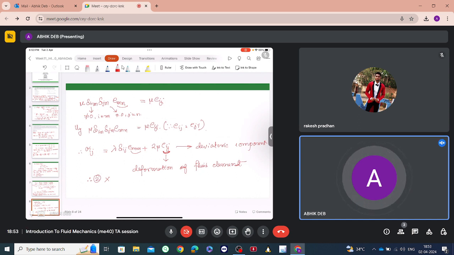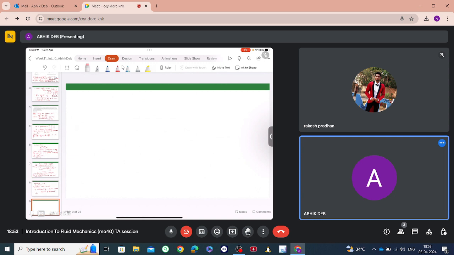Therefore, if we go further, this tau ij can be written as minus p delta ij plus lambda emm into delta ij plus twice mu eij.